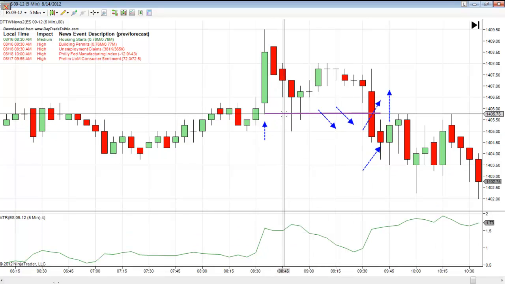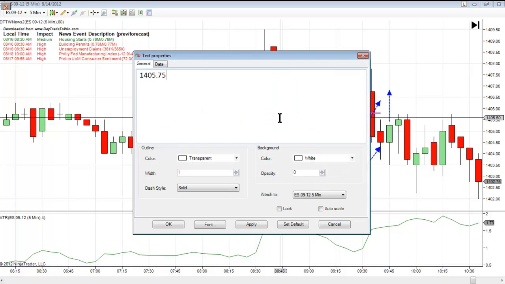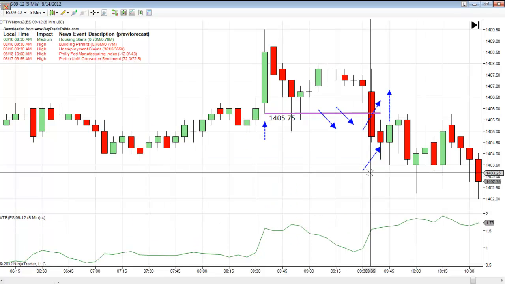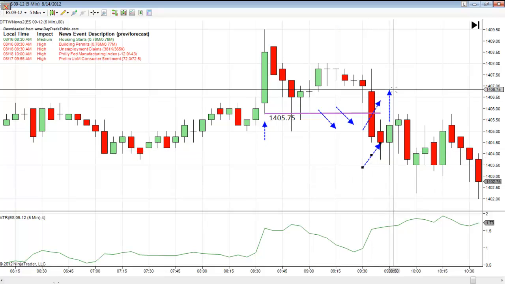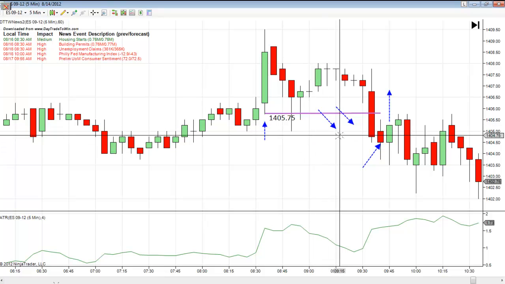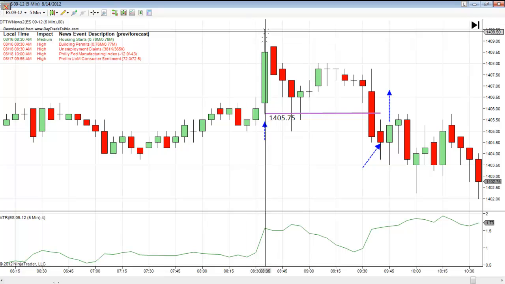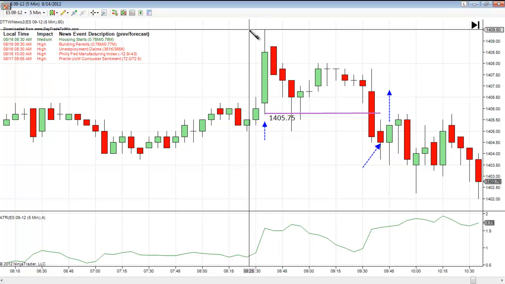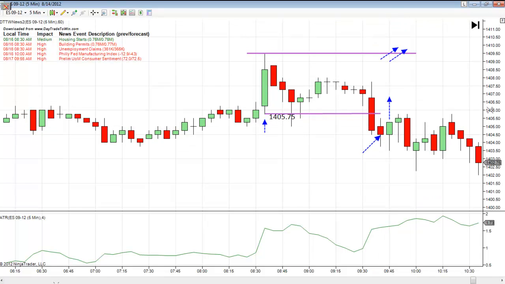So the low is 1405.75. I want to wait for the 2 consecutive closings below it, right there. Okay, we're not entering at the low. We're not entering at the low. Waiting for more proof than that. Okay. Now the opposite is true. If this was a red candle, I look for 2 consecutive closings above, and then I'm going long.